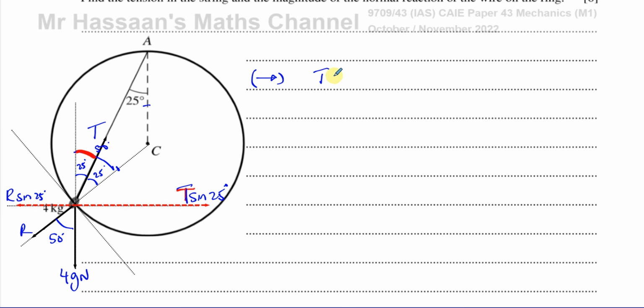So we have 2T times sine 25 must be the same as R times sine 50. Why did I write 25? That's supposed to say 50. Sorry about that. Okay. R times sine 50. So that's one equation that I formed from the horizontal components.